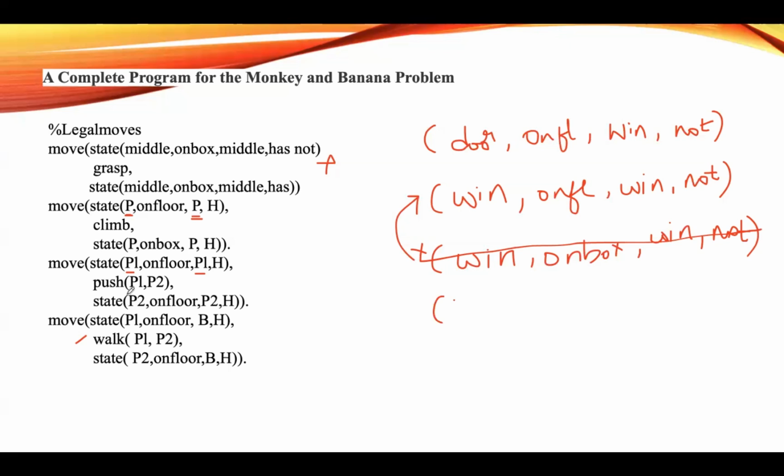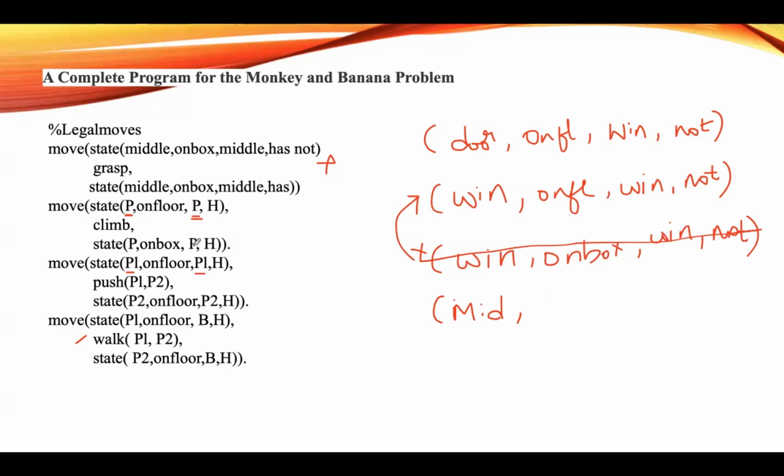So now check this third case. Here, after executing this push move, position of the monkey changed from P1 to P2. So that means here monkey should push the box from window to middle of the room.